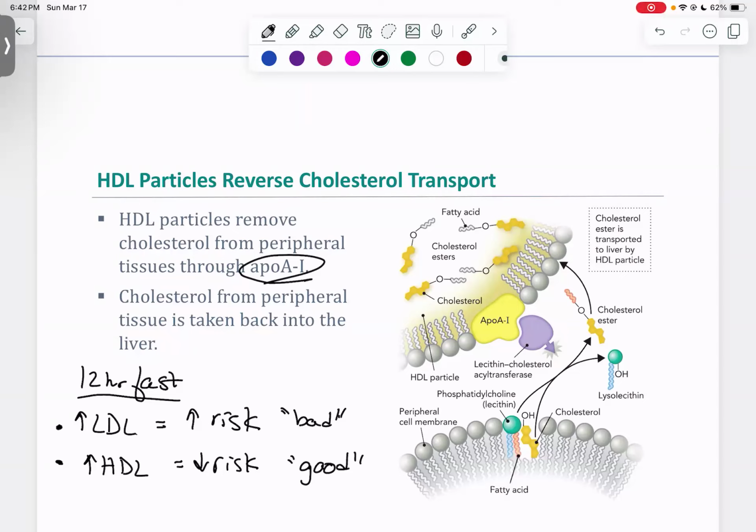So you can do a simple blood test to see what your LDL levels or HDL levels are after you do a 12-hour fast. That's kind of the way to do it. There are interesting cases where people have had mutations in the LDL receptor gene.